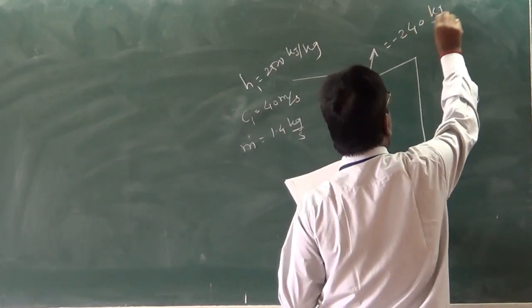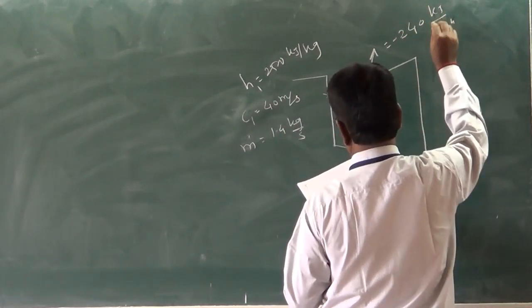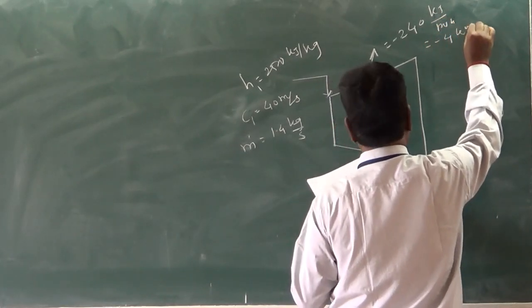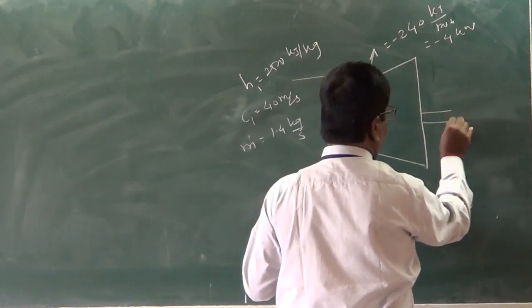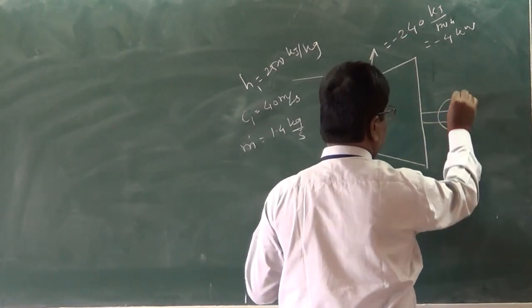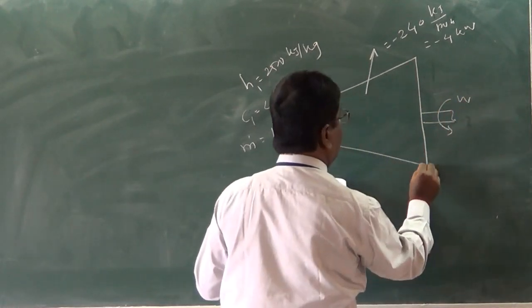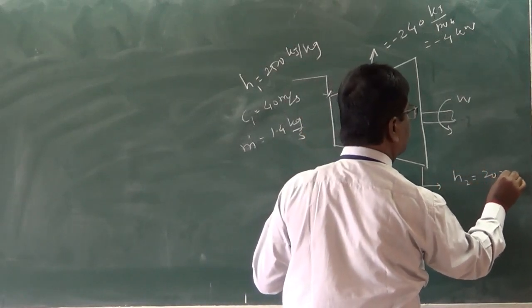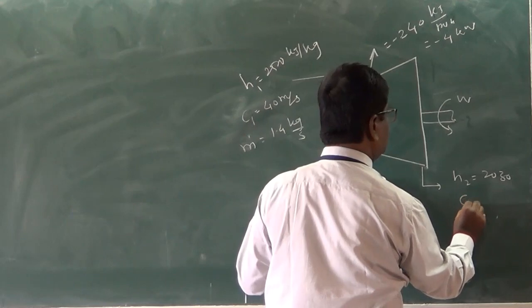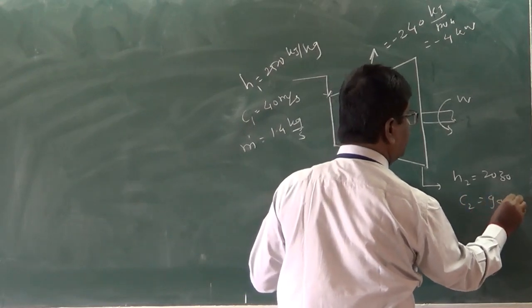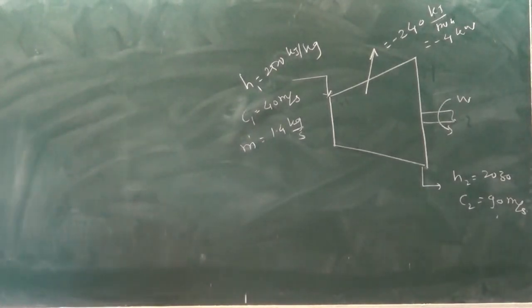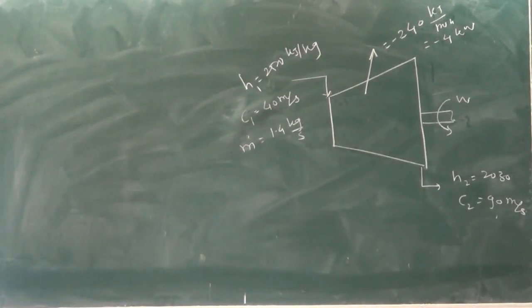Heat lost is always considered negative. Now the turbine produces work, so W out, and at 2, H2 is equal to 2030 and C2 is equal to 90 meters per second. So these are the given things, expressed again with the help of this diagram.